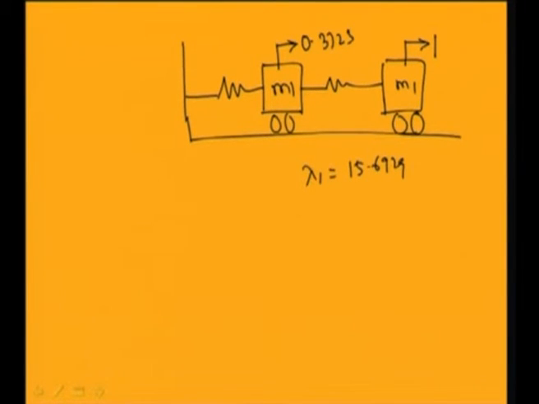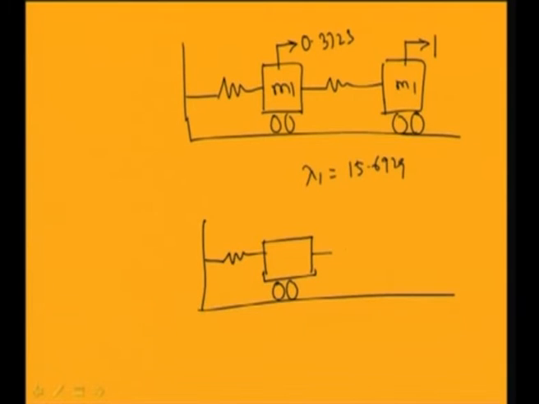So this is for the first mode, where they are moving in the same direction. In the second mode, lambda equal to 159.3071, the masses move in opposite directions.